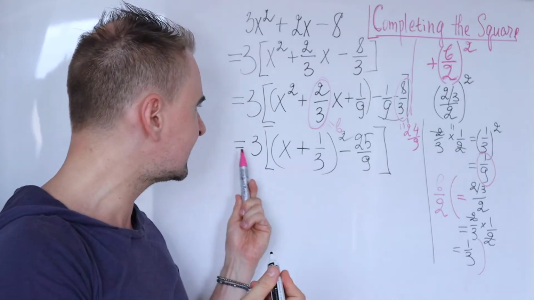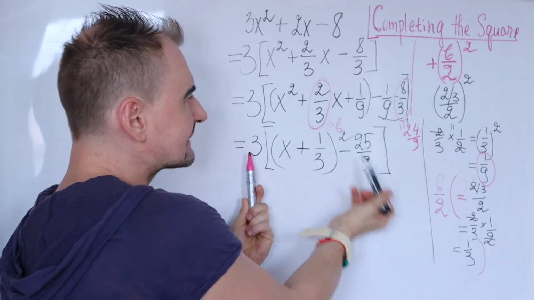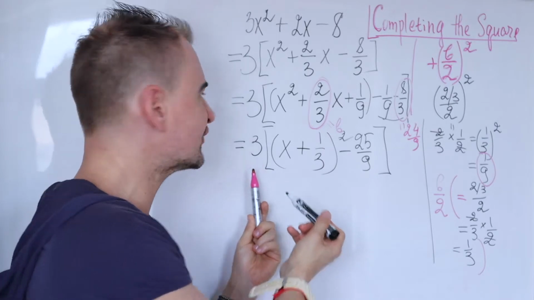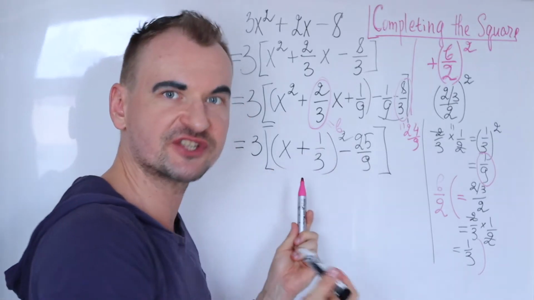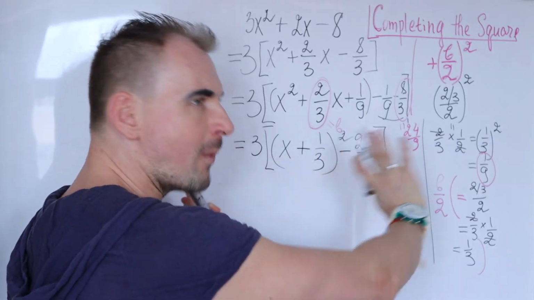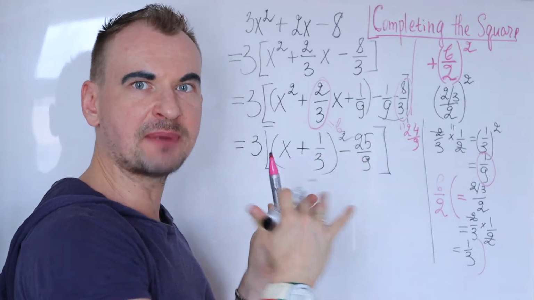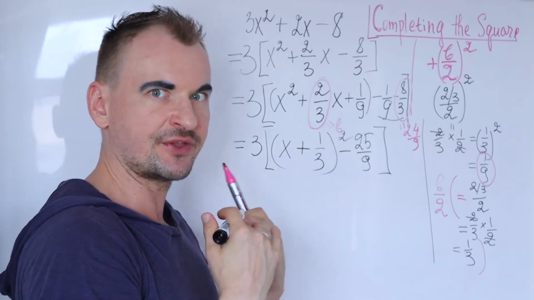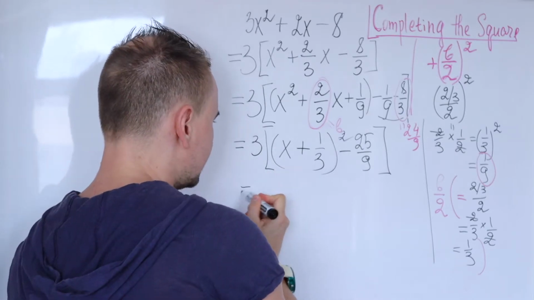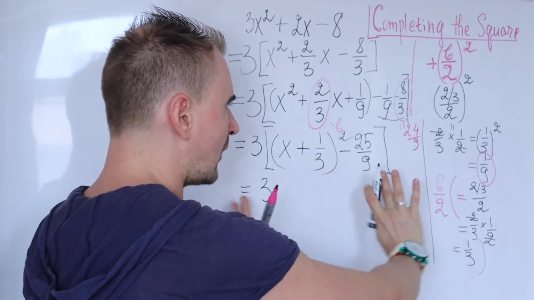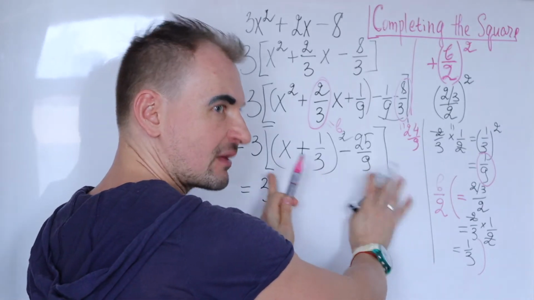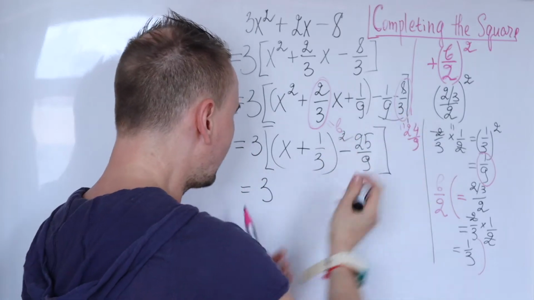Since it's outside of the parentheses, this 3 applies and distributes to both terms inside. Let's simply open up, remove the parentheses by distributing this number. So I'm going to leave out these square parentheses. I'm going to just drop them off.